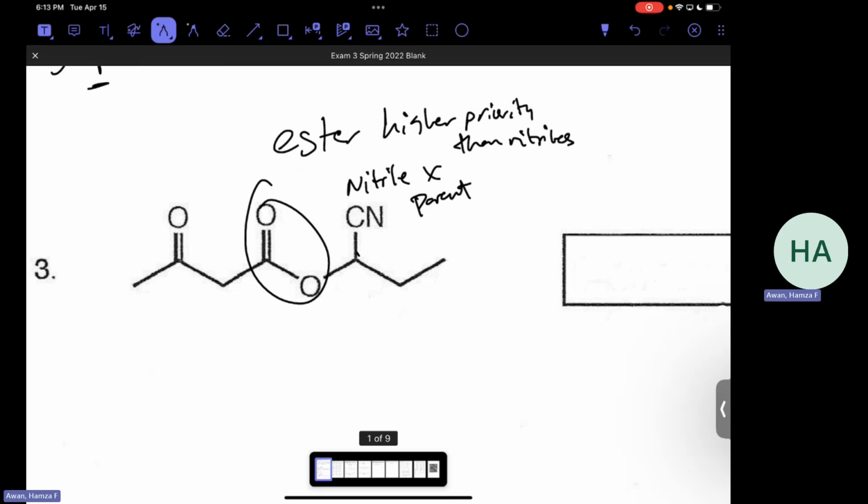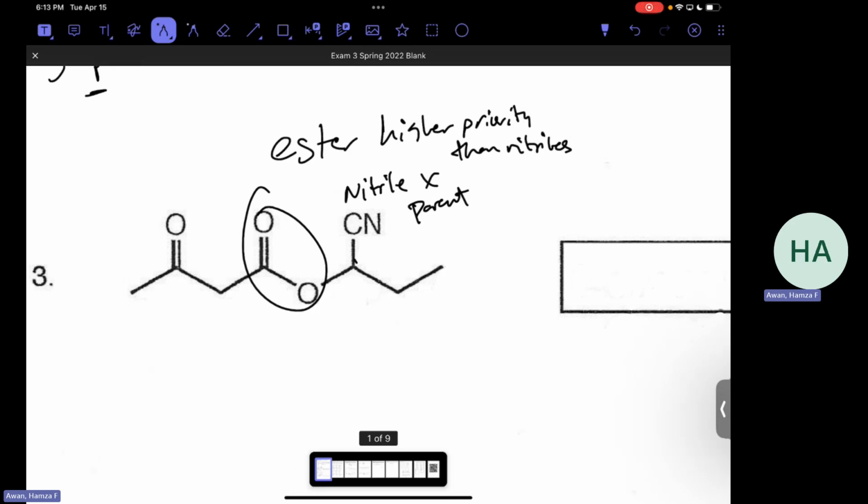And so now, whenever we look at this, the naming of esters is a little bit different. I think I said this in a different exam review. But we're actually going to use two different words in this one. Whenever we put a space in this, especially for esters, it's very important that you leave a space in between of the naming.